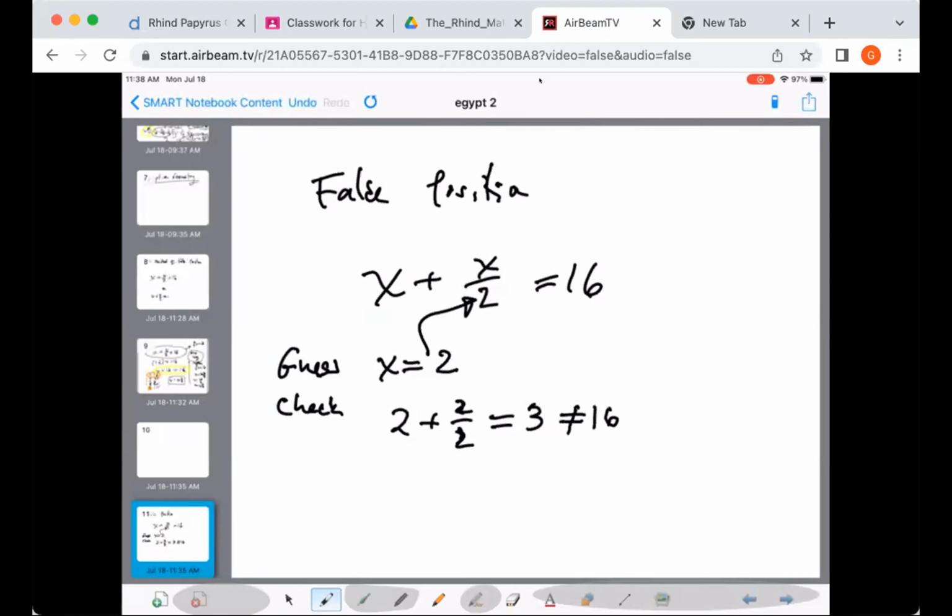So someone want to type into the comments? What is the answer? If 2 is not the answer, if 2 got me 3, not 15, what would get me 15? 10. Why 10? Multiplying 3 by 5 to get to the 15.